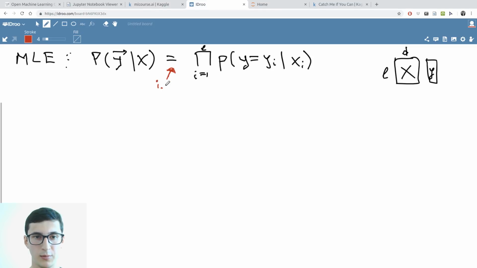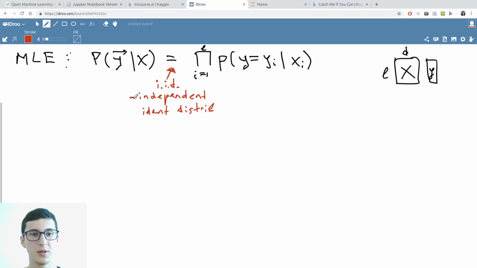Most simple machine learning models make an assumption that our data is IID, that means independently and identically distributed observations. So first independent, and second identically distributed. Actually, from here we need only one assumption, that it's independent.